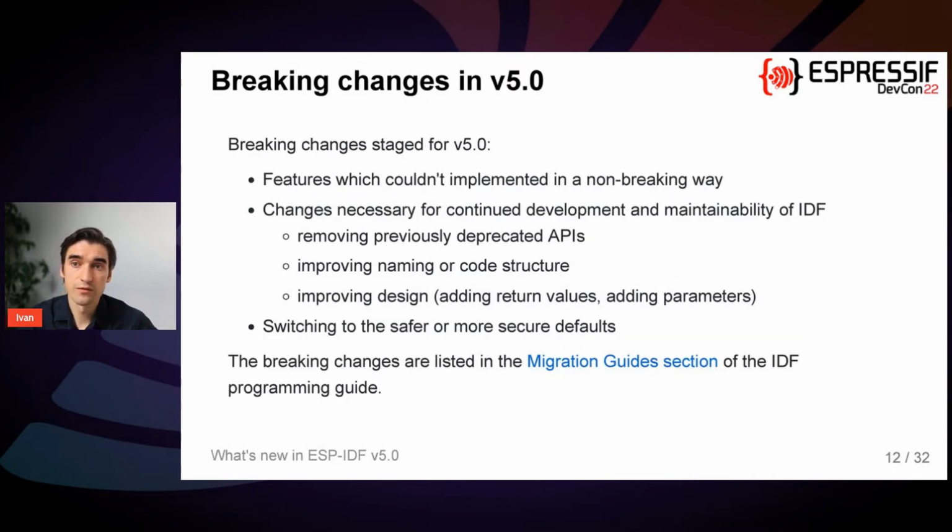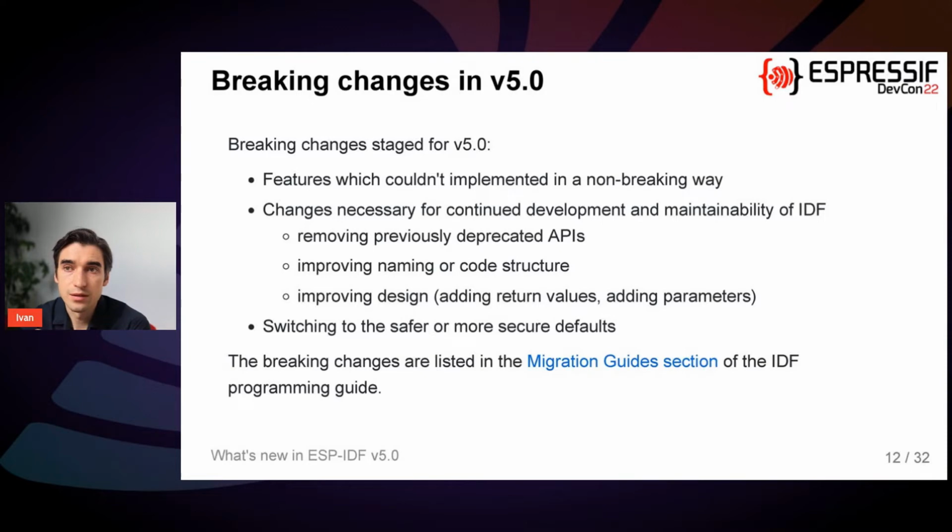Breaking changes in 5.0 can be broken down into three categories. First is the changes that we just couldn't implement in a non-breaking way, and therefore we were waiting for a major release to introduce those breaking changes.